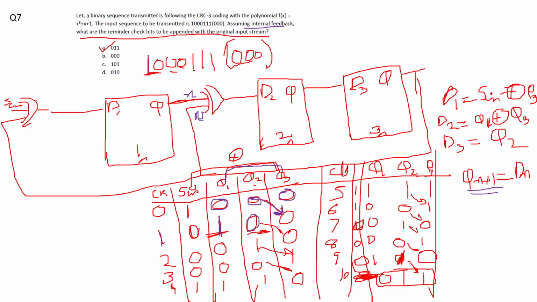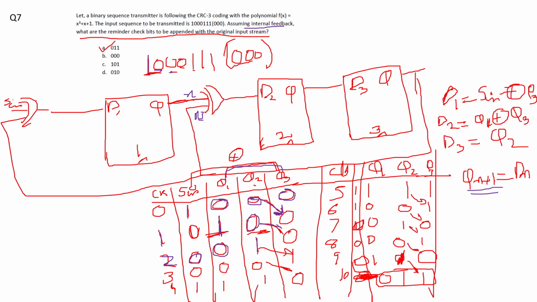Now in the first clock cycle, Sin is now 0 and we have these contents. In the second clock cycle, we have 0 from Sin, and D1 of the previous clock cycle was Sin XOR Q3, that is 0 XOR 0, which was 0, so Q1 is 0. D2 of the previous cycle was Q1 XOR Q3, that is 1 XOR 0, which is 1, so Q2 is 1.